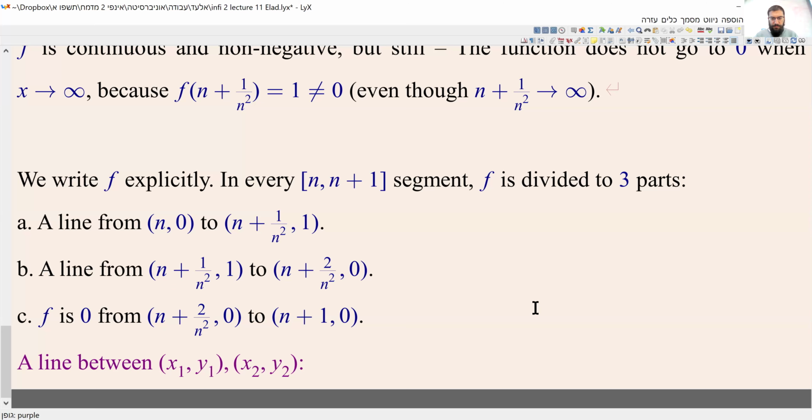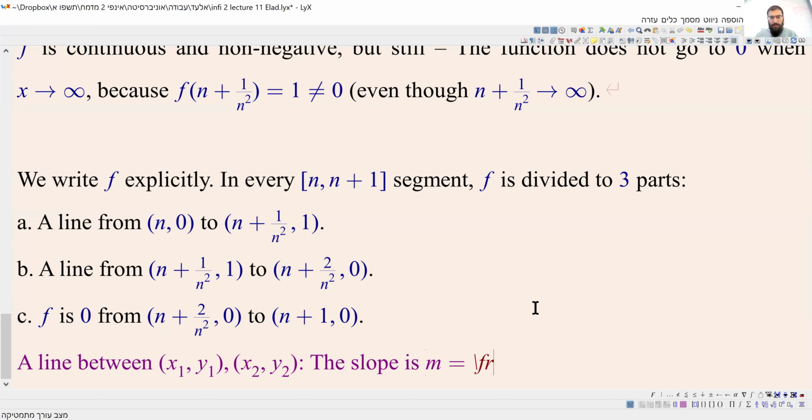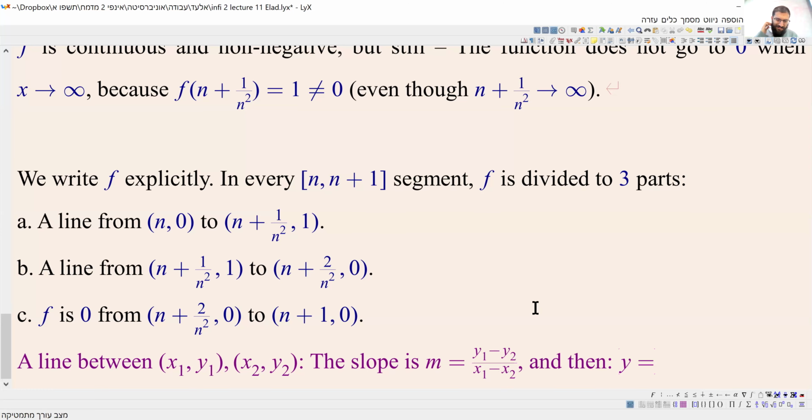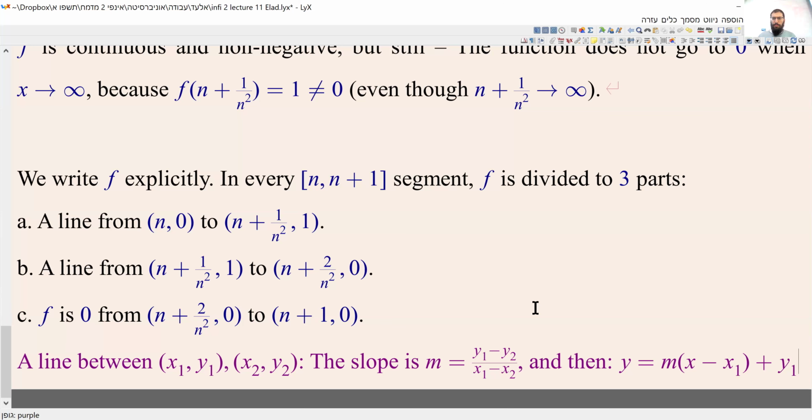Slope is the difference between the y's above the difference between the x's. And then the line is y is m multiplied by x minus x1 plus y1. You can choose whatever point to be the one and the two, of course.